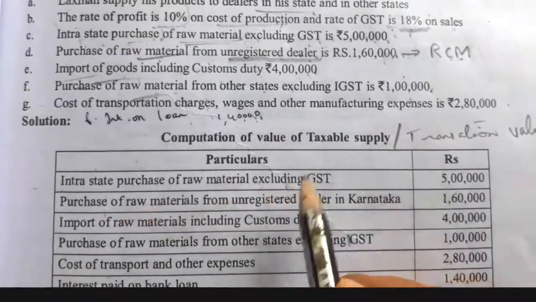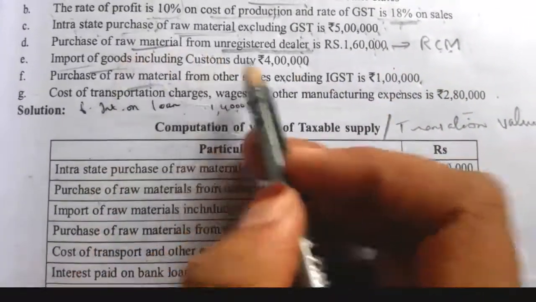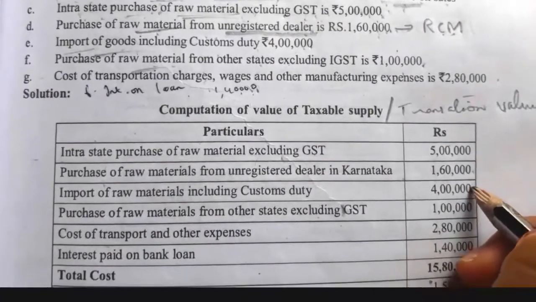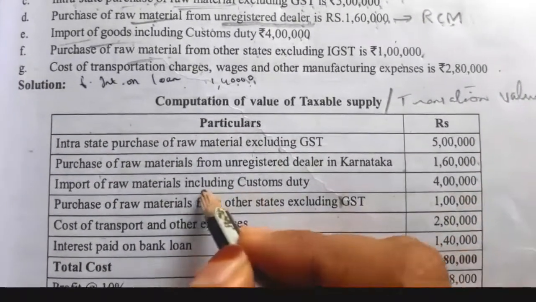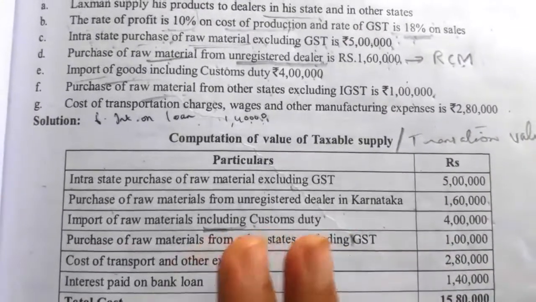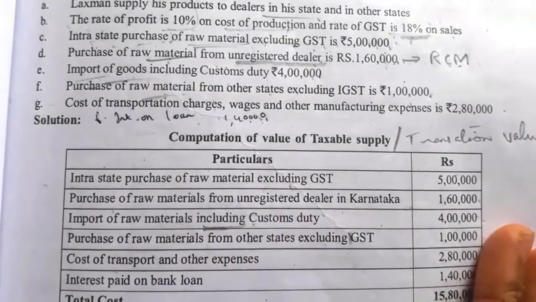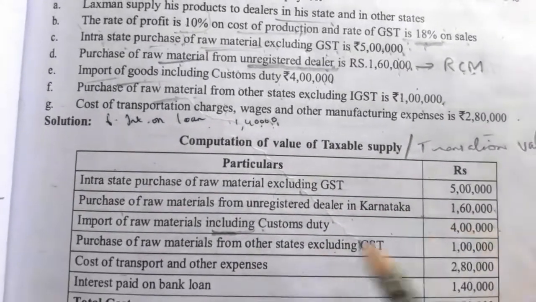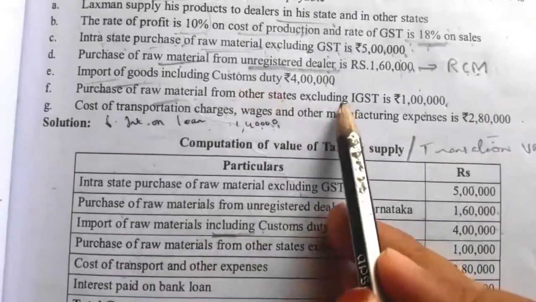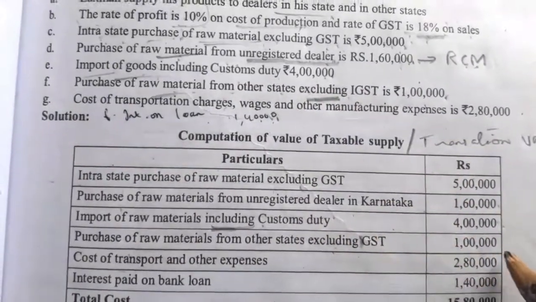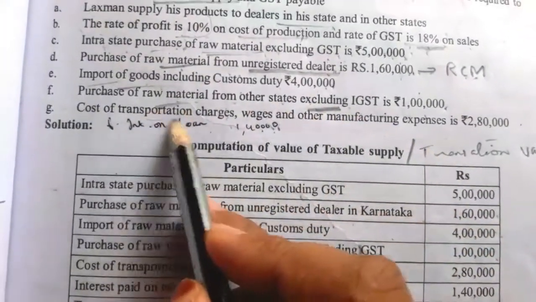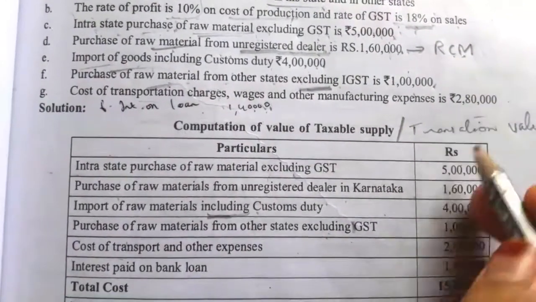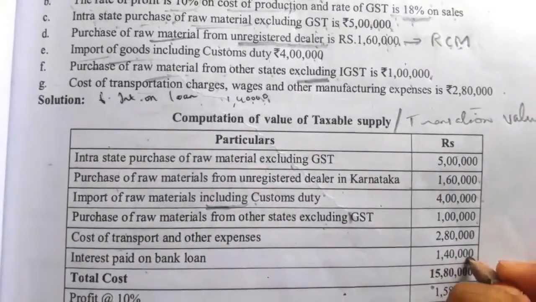Intra-state purchase of raw material 5 lakh, then purchase of raw material from unregistered dealer 1,60,000, import of goods including custom duty, GST should not be included, so 4 lakh. Then raw material purchase from other state, excluding GST as given, so directly we can take 1 lakh. Then transportation and other expenses 2,80,000 and interest on bank loan is 1,40,000.